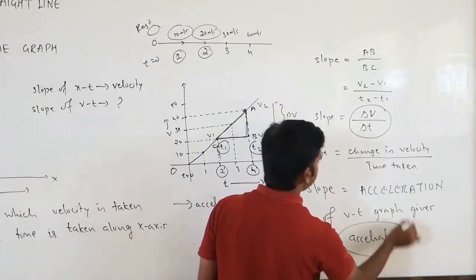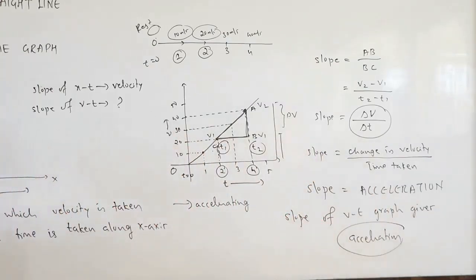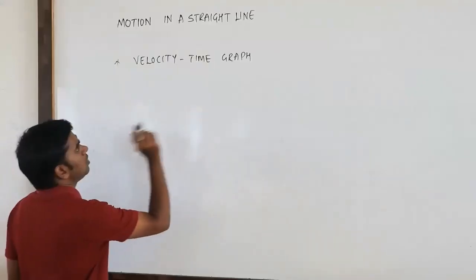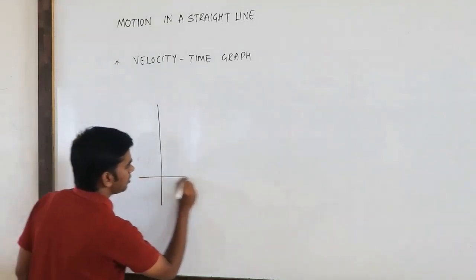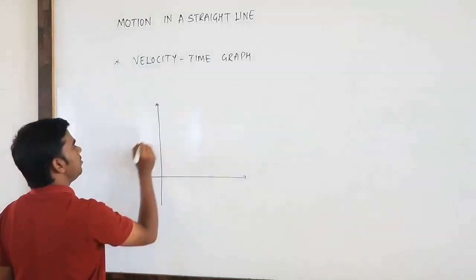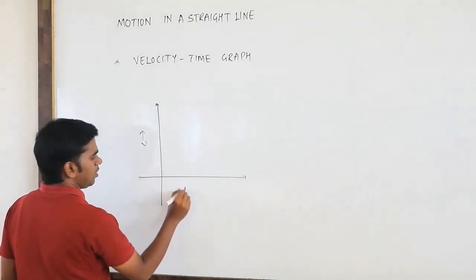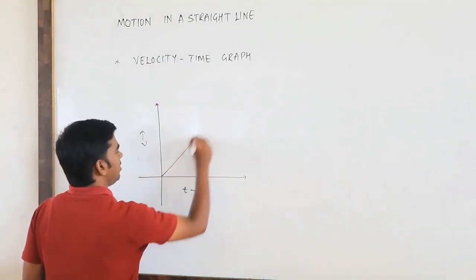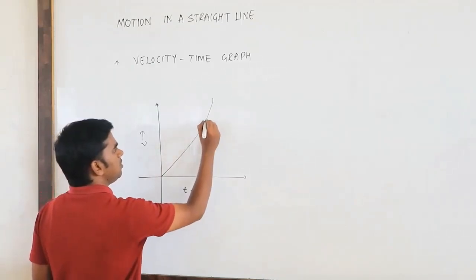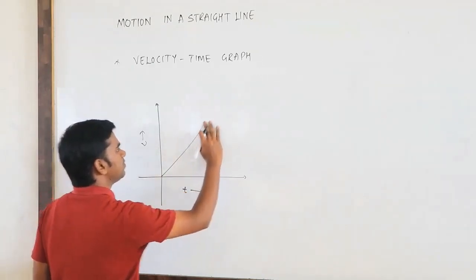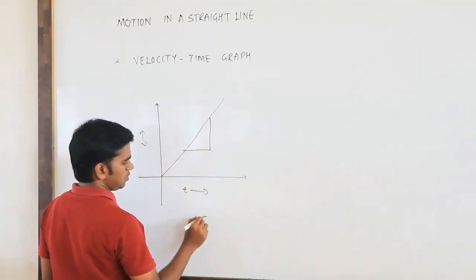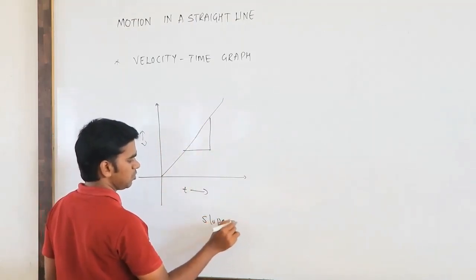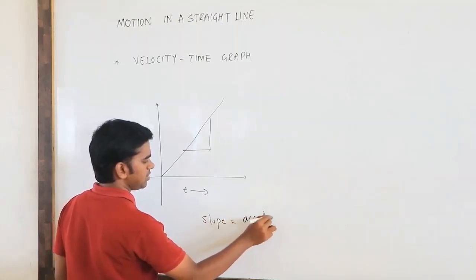Remember, very very important: the slope of a VT graph always gives you the acceleration. Suppose you have a velocity-time graph like this. If you take a slope over here, the slope gives you acceleration.